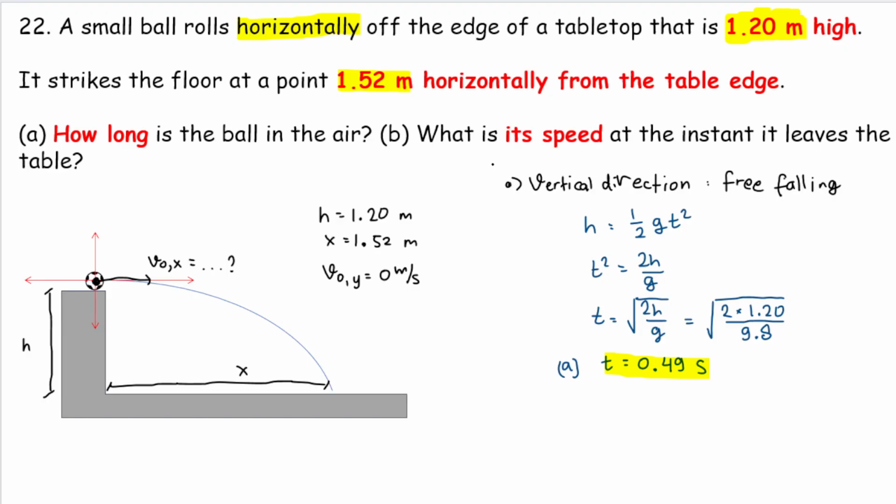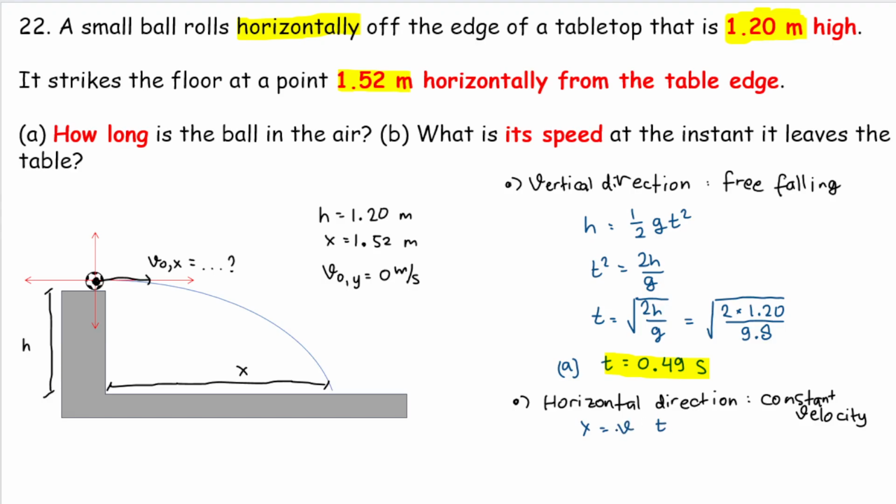And for question B, what is its speed at the instant it leaves the table? So we need to do analysis on the horizontal direction. In the horizontal direction, we have only the velocity here, and we assume that it has constant velocity. And we can calculate the distance by using x is equal to v times t, right?